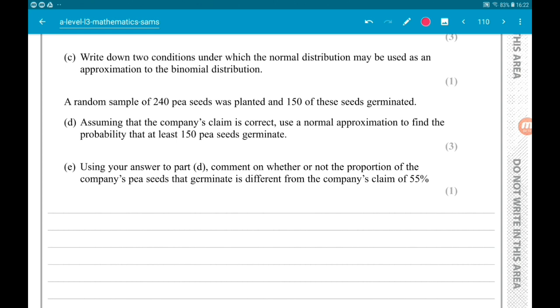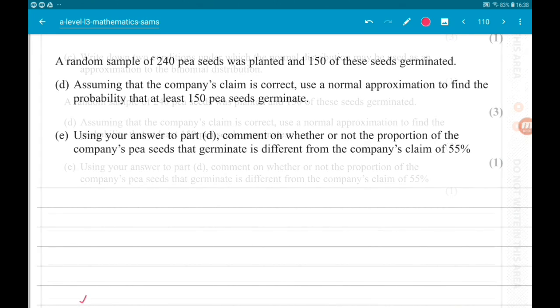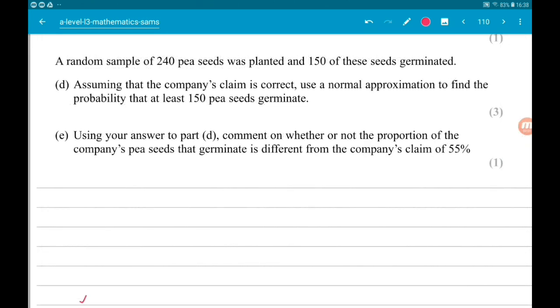Okay, so the two conditions are the probability needs to be very close to 0.5, so it can't just be any old value of P. And the other one is that N needs to be very, very large. And part D, we are told a random sample of 240 pea seeds was planted and 150 of these seeds germinated.